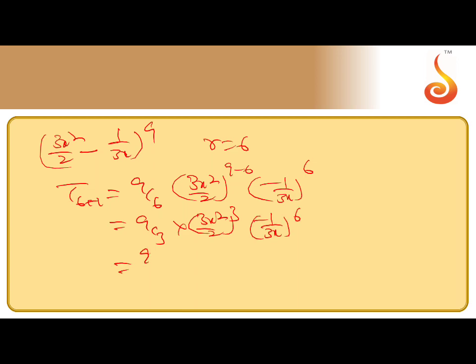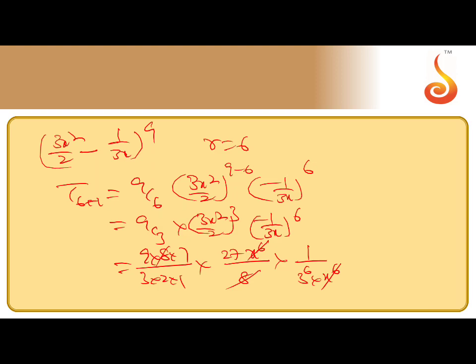You have to simplify. 9 into 8 into 7 by 3 into 2 into 1. This is 3 cube, 27 x power 6 by 2 cube, 8, into minus 1 power 6 is 1, 3 power 6 into x power 6. The x power 6 cancels.